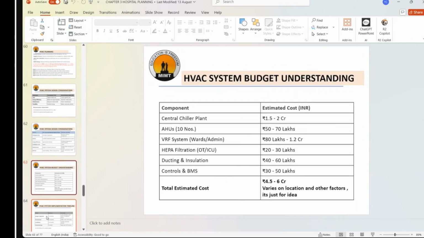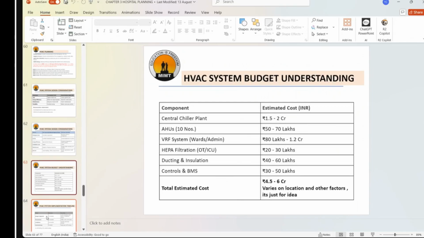I am talking about a 200 bed hospital, but if the hospital size is big, then of course the cost may also increase. If the hospital is smaller than 200 beds, the cost may be reduced. Control and BMS cost 30 to 50 lakhs.